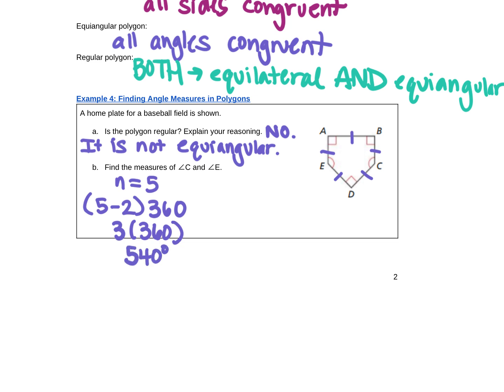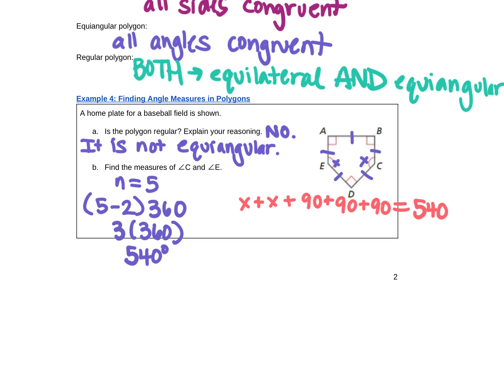So then what we can do is we know 3 of those angles are 90. And we know these 2 angles, E and C, are going to be the same. So we can make that the same variable and make an equation here. We can say x plus 3 90s would equal 540 degrees.